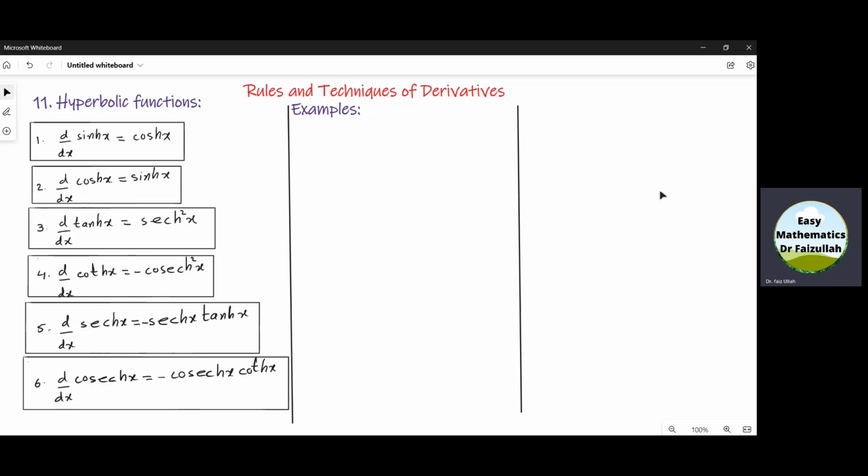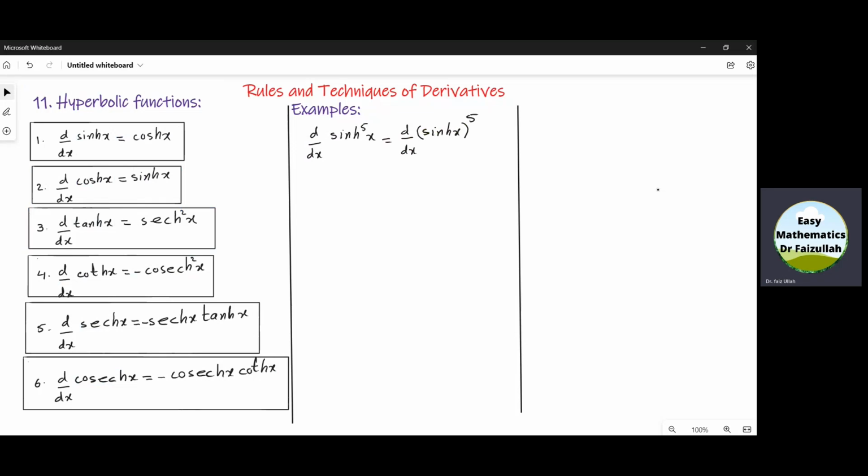Let us use these formulas to solve some examples. In example number 1, let us differentiate sine hyperbolic 5x. This can be written as d by dx of sine hyperbolic x whole raised to the power 5.